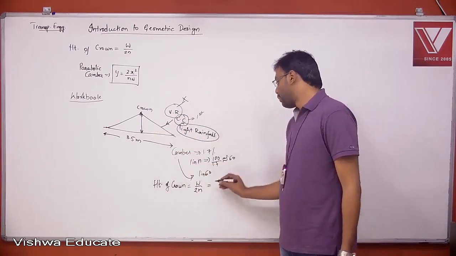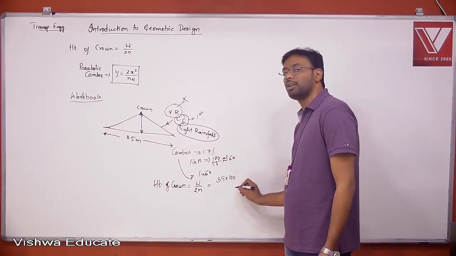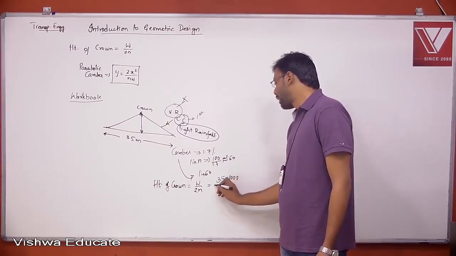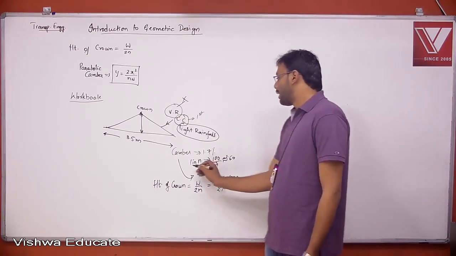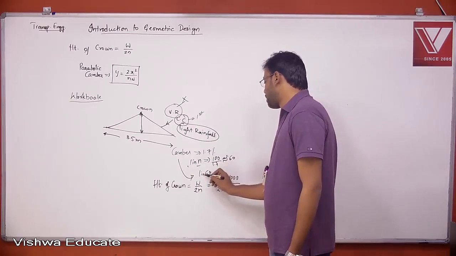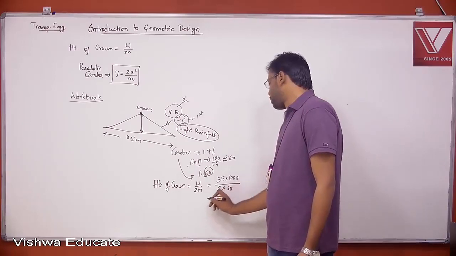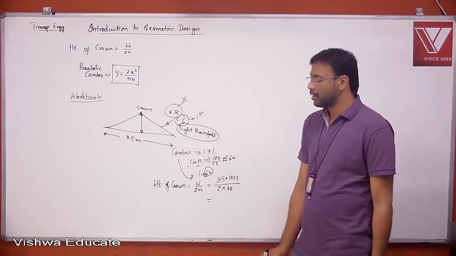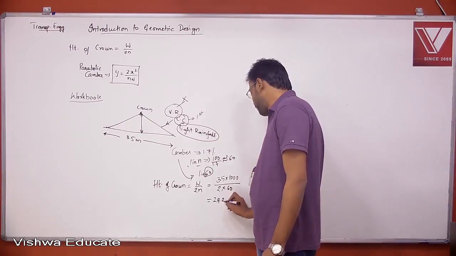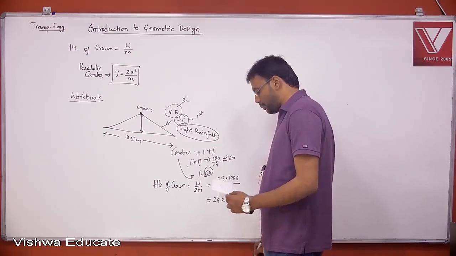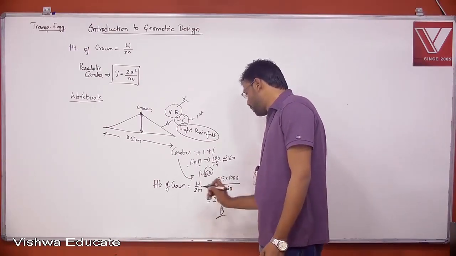Width of the road is 3.5 meters, which I convert to mm by multiplying with 1000, divided by 2 into n. The n value is 60 for 1 in 60. If you calculate that, it comes to 29.2 mm, which is given in option B. Very simple and easy one.